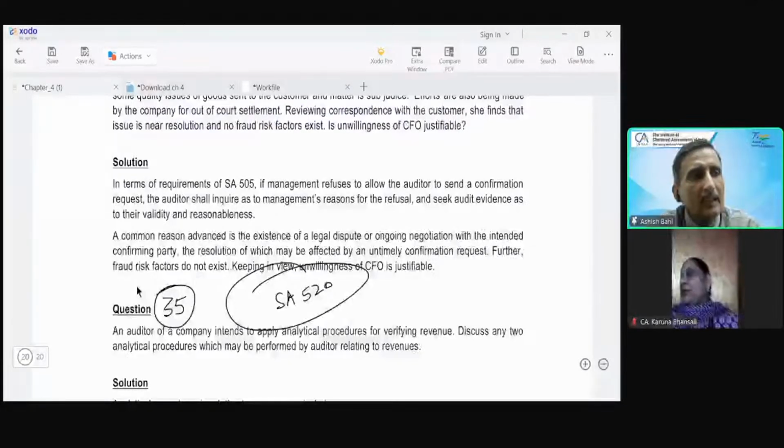So let us revise two more things, students. We have done SA 501 relating to attendance at physical inventory count. When attending physical inventory count, tell me which procedures, which steps an auditor has to perform. There are 4 things which he has to do.